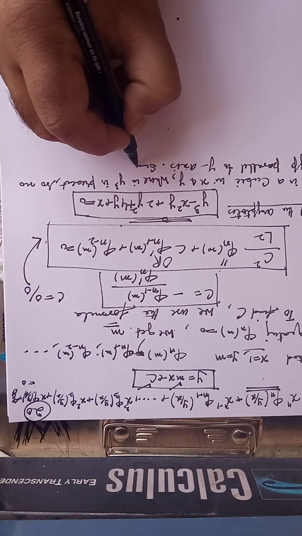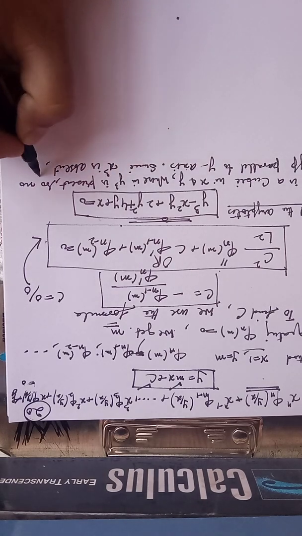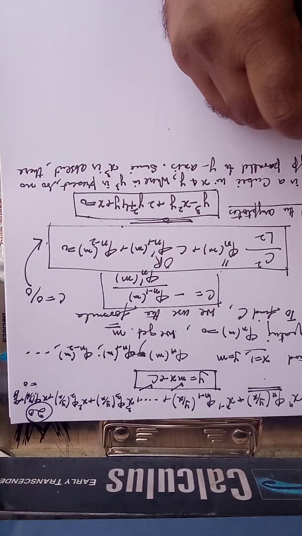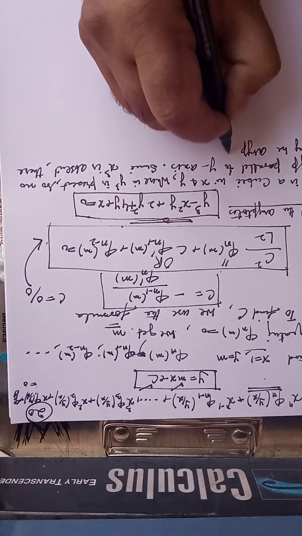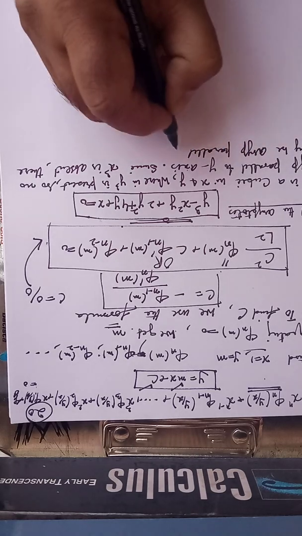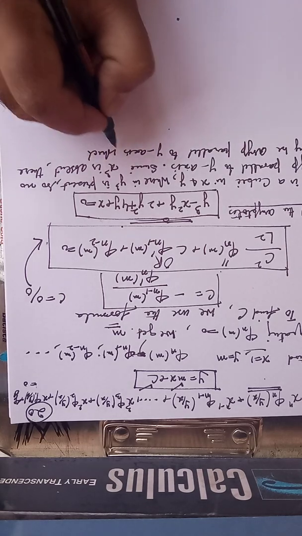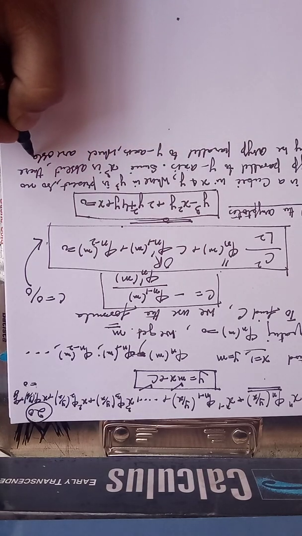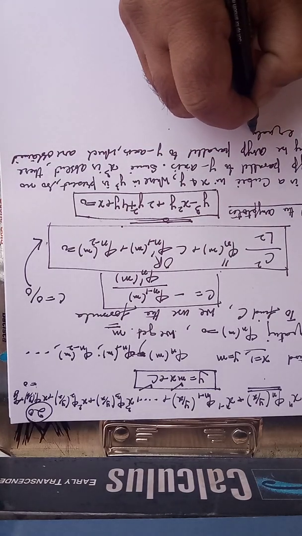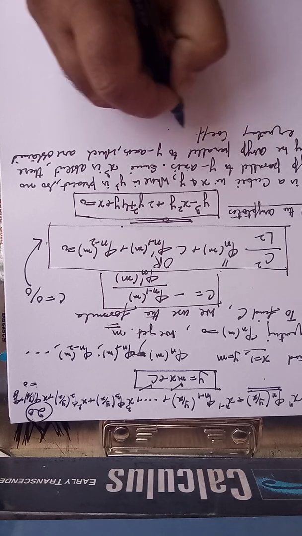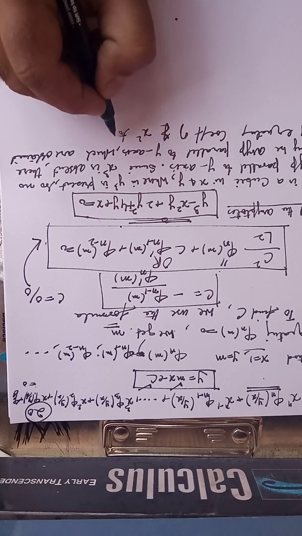Since x cube is absent, there may be asymptotes parallel to y-axis, which are obtained by equating coefficient of x square to 0.